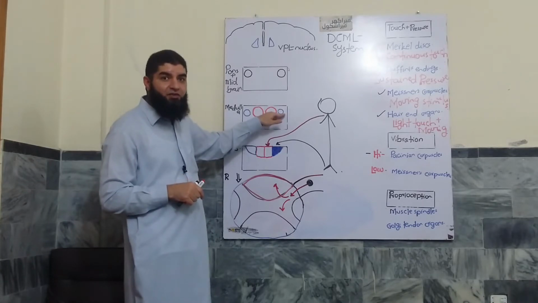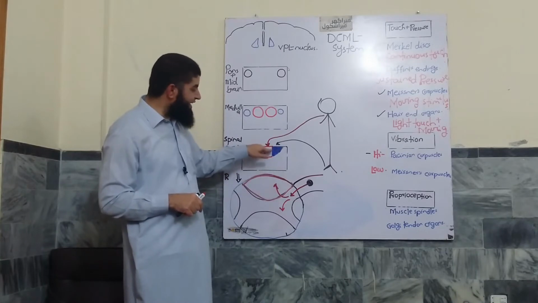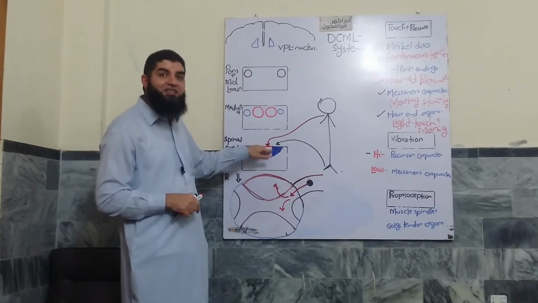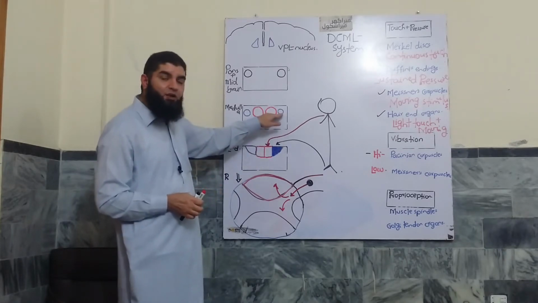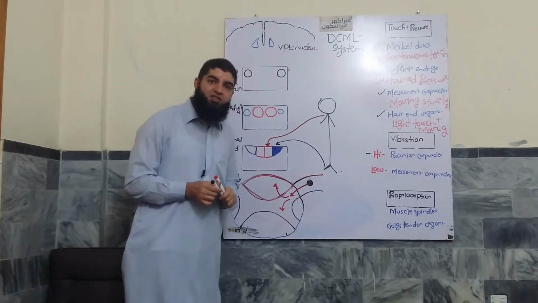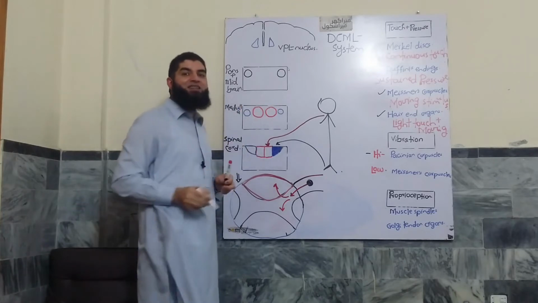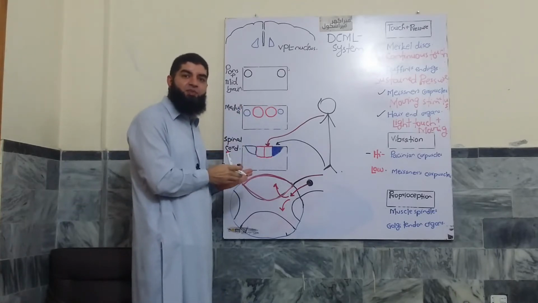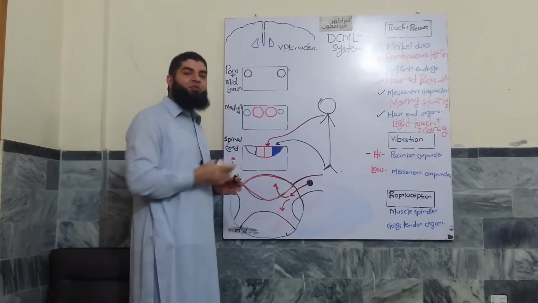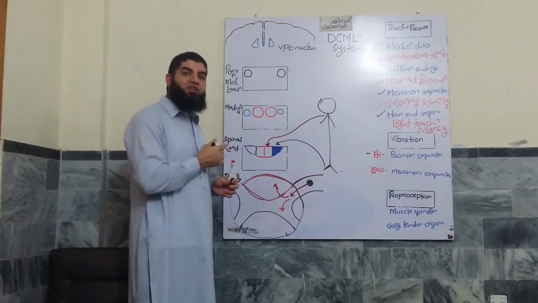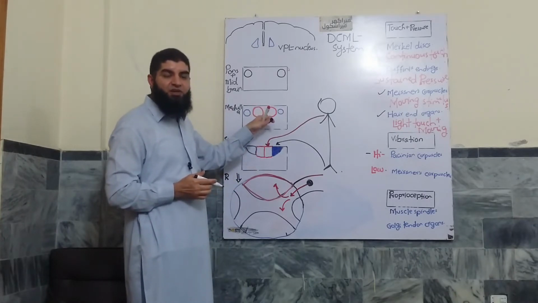The first order neurons project in the fasciculus gracilis and, at a higher level, fasciculus cuneatus on the same side of the spinal cord till they reach the medulla oblongata, where they synapse with neurons in the nucleus cuneatus and nucleus gracilis. The nucleus has a corresponding name. Fasciculus gracilis will end up in the nucleus gracilis. The fasciculus cuneatus will end up in the nucleus cuneatus.